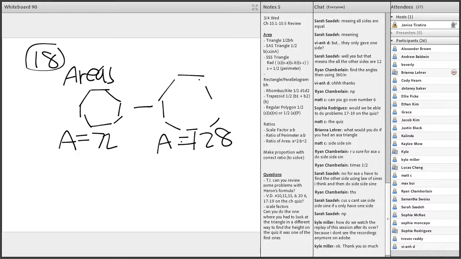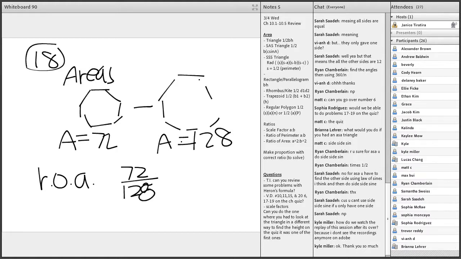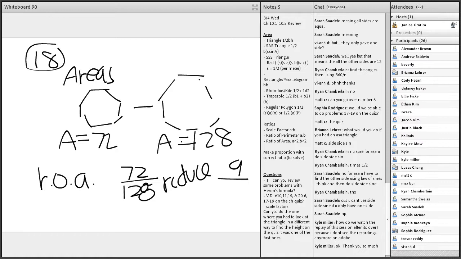Because we're given area, we are able to find ratio of area. So what I do is I write it as a fraction. But remember, always reduce it. So you could divide the top by 8 and divide the bottom by 8.